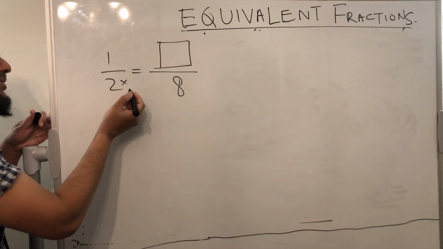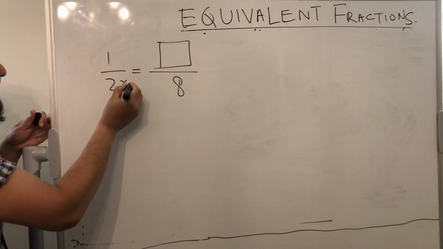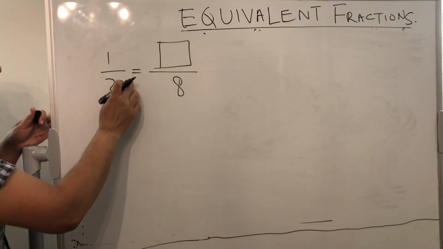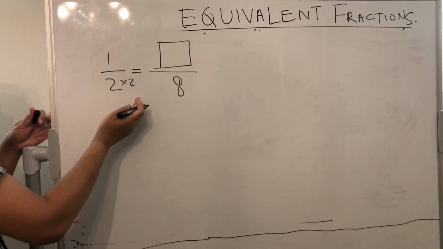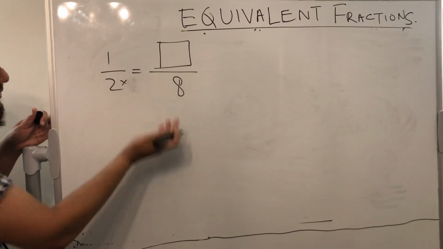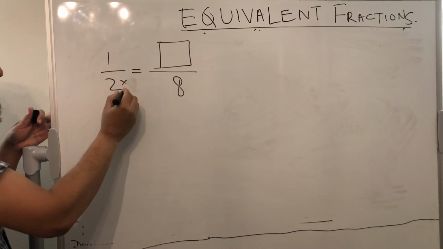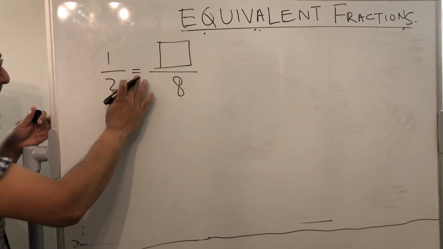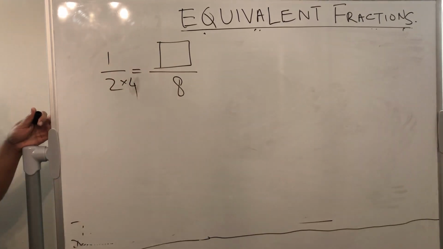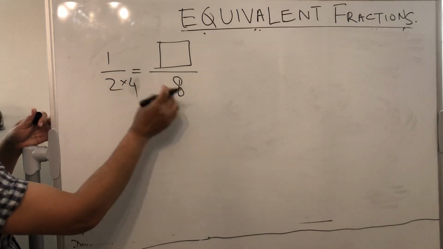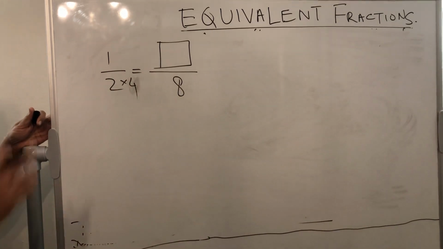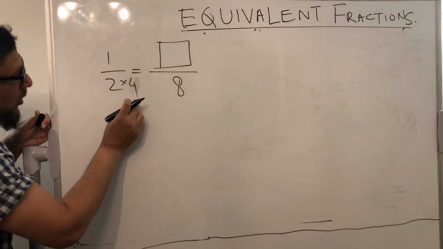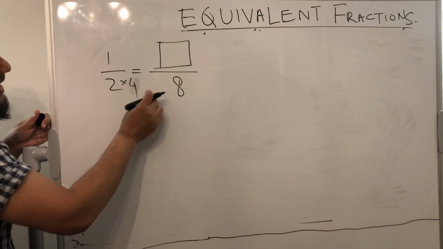If I multiply by 1, 2 times 1 is 2. 2 times 2 is 4. 2 times 3 is 6. But if I multiply by 4, you will get 8.